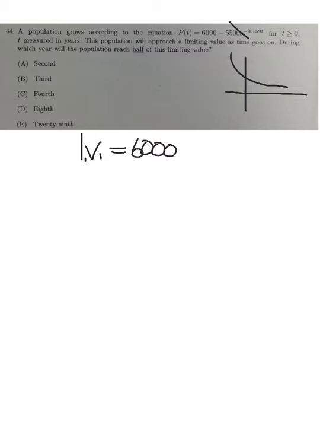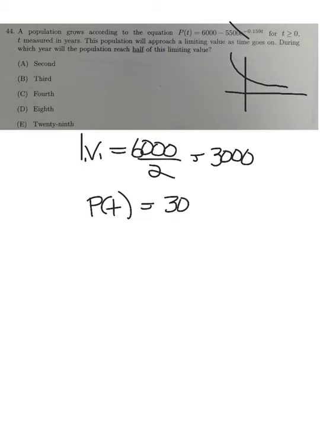So they want to know during what year will the population reach half of that limiting value. So that would be 3,000. So basically, you're going to be setting your P of T equation equal to 3,000, because this is your population and they want to know when it reaches 3,000.